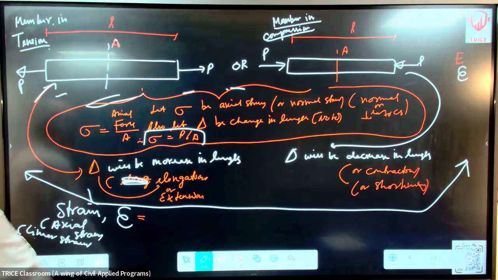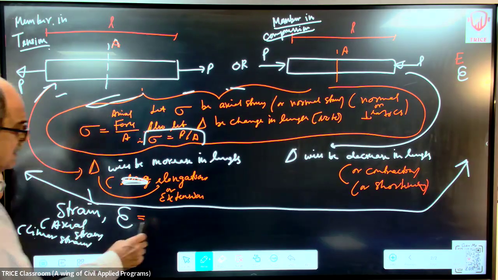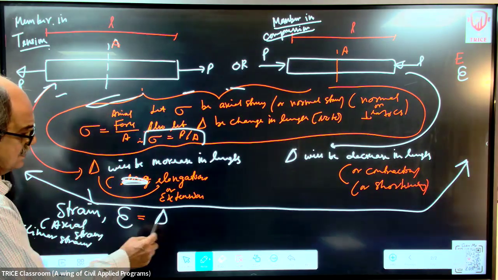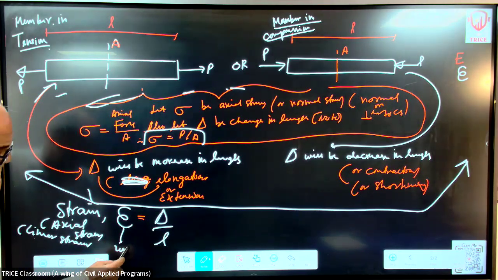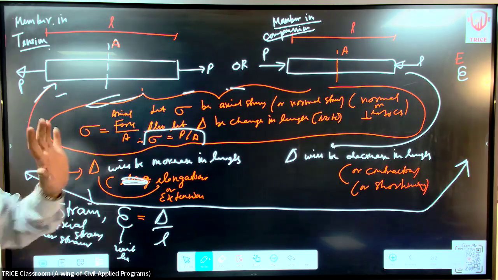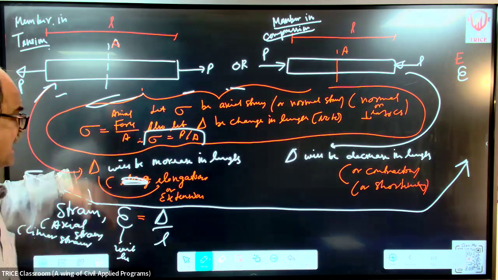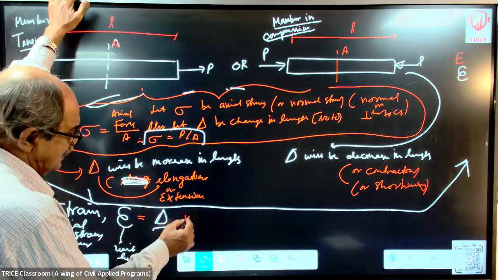Write strain in general, common for both, irrespective of tension or compression. Therefore, strain equals delta divided by L. Remember, strain is always unitless. Then, I will continue further.